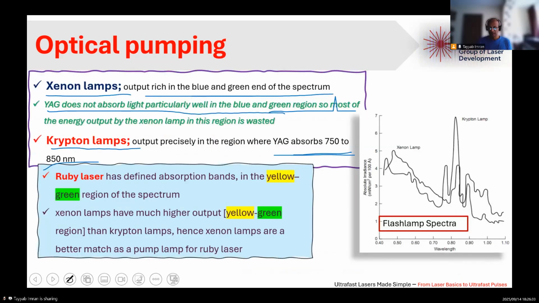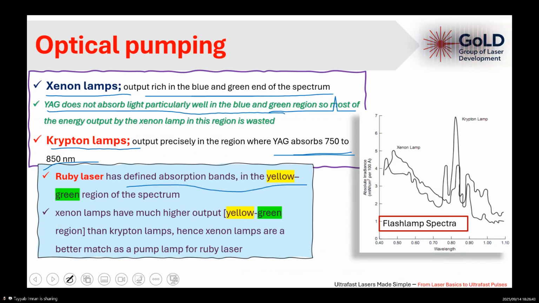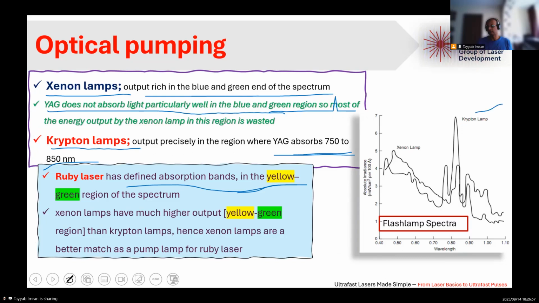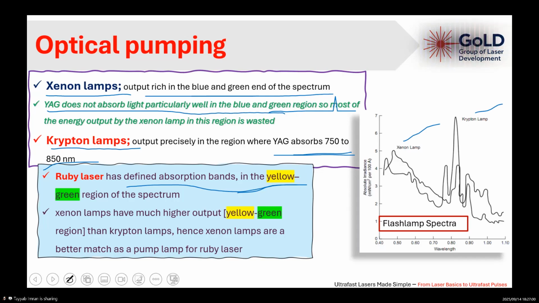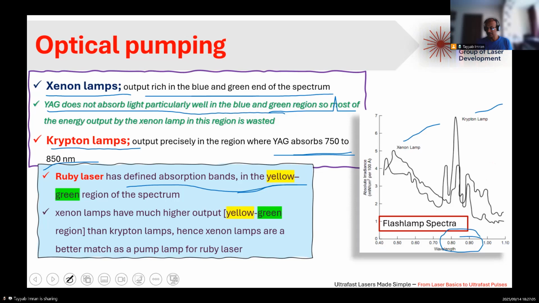Now, the ruby laser. If you see the ruby laser's absorption band here, these are the bands for the krypton and xenon. Krypton is very suitable for the YAG, and xenon is very suitable for the ruby.